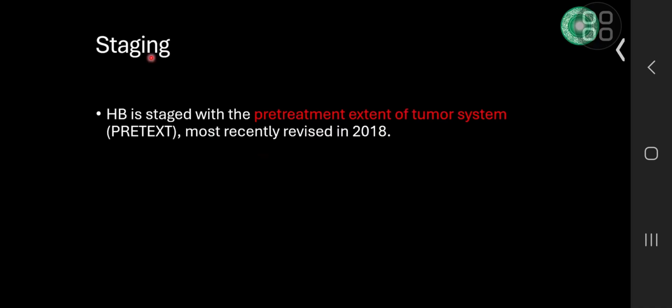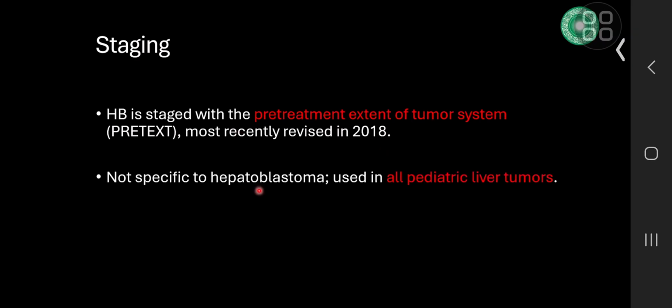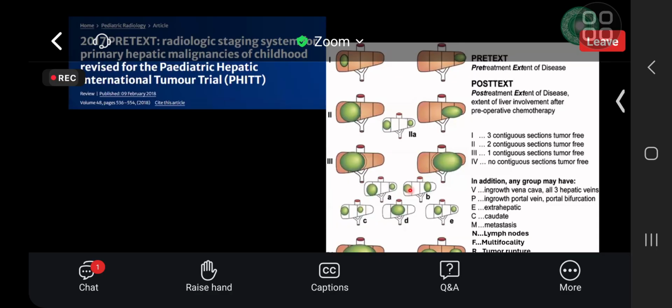So staging is with the pre-treatment extent of tumor system. As I already mentioned, this was most recently revised in 2018, and it is not specific to hepatoblastoma, it can be used in all pediatric liver tumor staging. So let's quickly go over the PRETEXT system. What it does is it separates the liver into 4 sections according to the Couinaud segments.